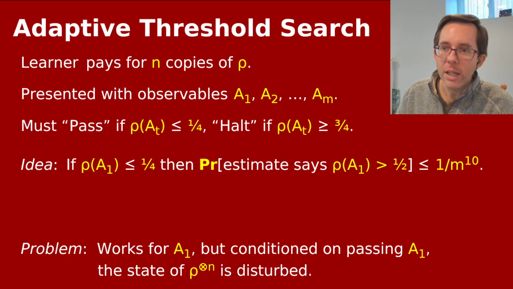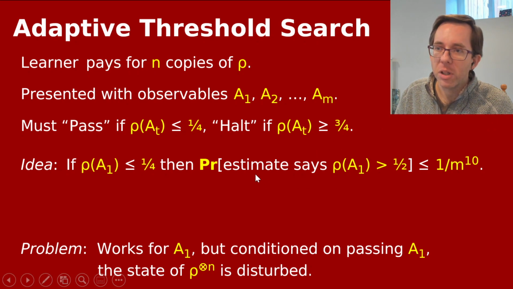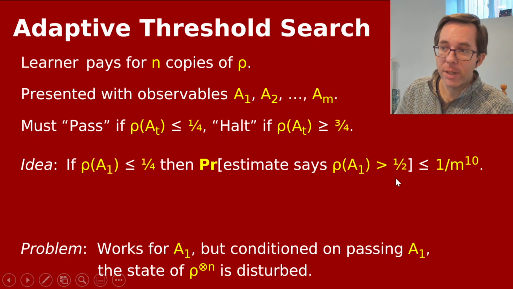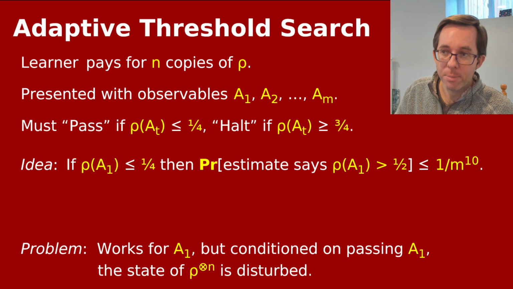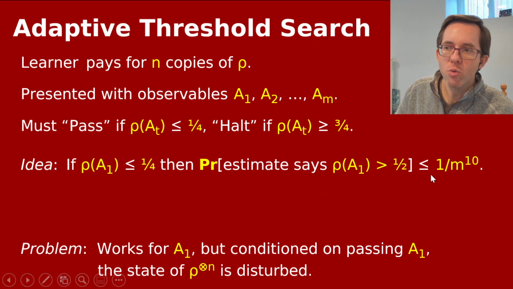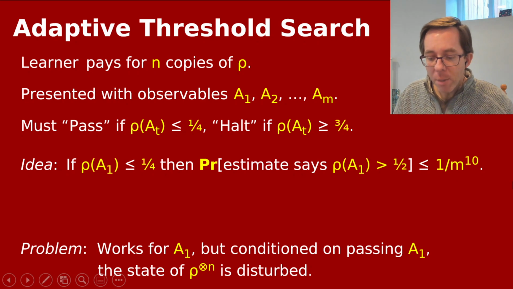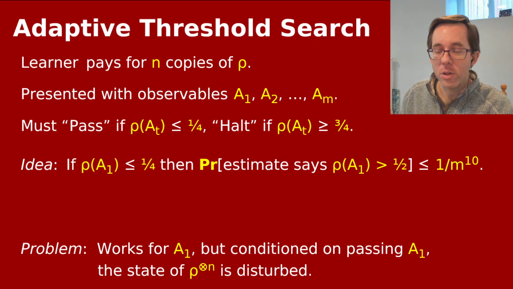So if you just use classical sampling, the probability your estimate would be bigger than a half is exponentially small in the number of samples you use. If you were using like 100 log m samples, then the probability of you wrongly halting here is really, really small. You can make it like 1/m to the 10. And bear in mind that there are only m observables at all.